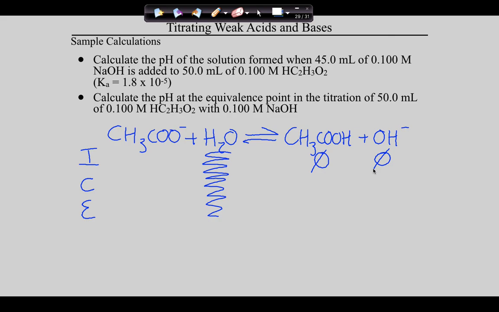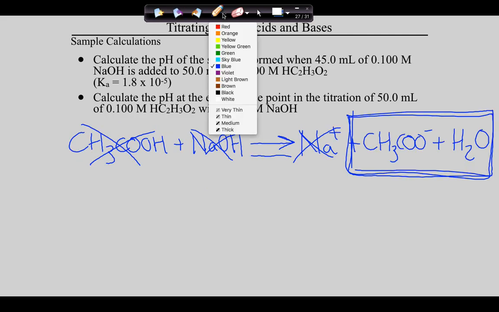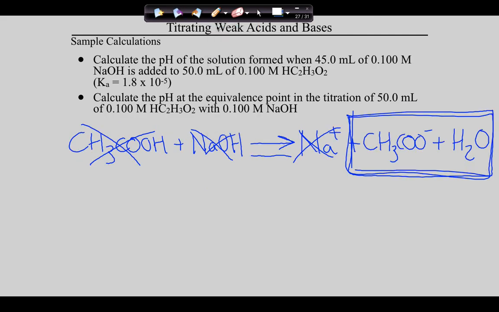In order to understand the molarity of the acetate ion, we've got to go back and look at the chemistry and figure out where the acetate ion came from. The acetate ion was created by the titration. So from this particular titration, how much acetate ion will we make?